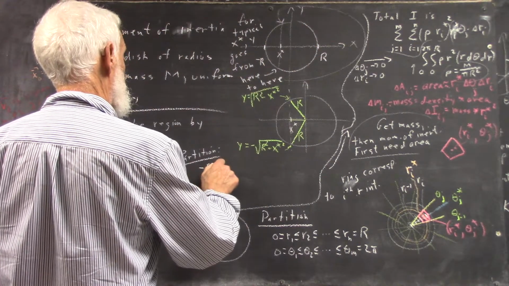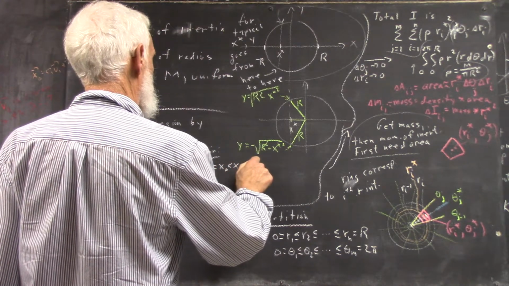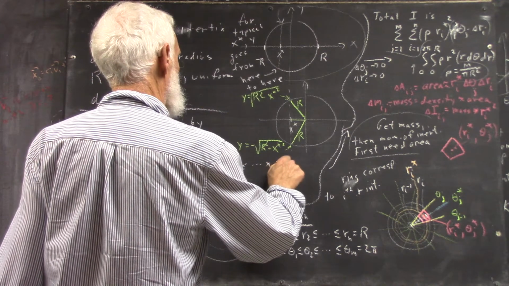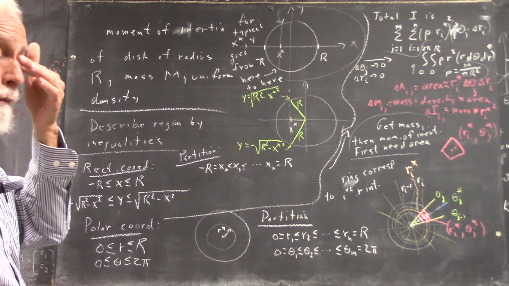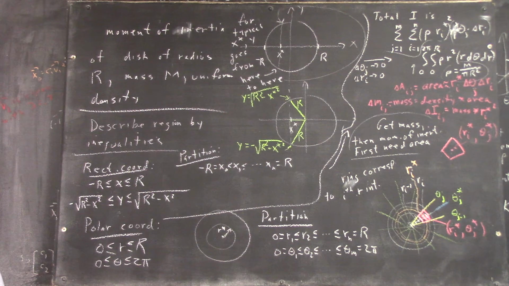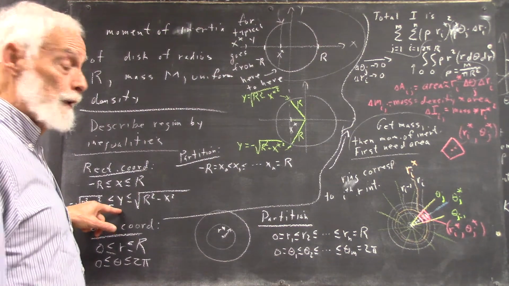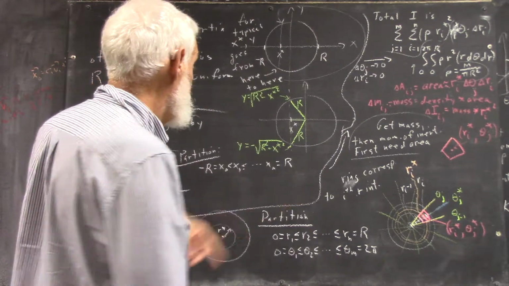So you got negative r equals x naught less than x1 less than so forth equal to xn equals plus r, okay? And then your partition for y is going to depend on where you are in the partition for x.